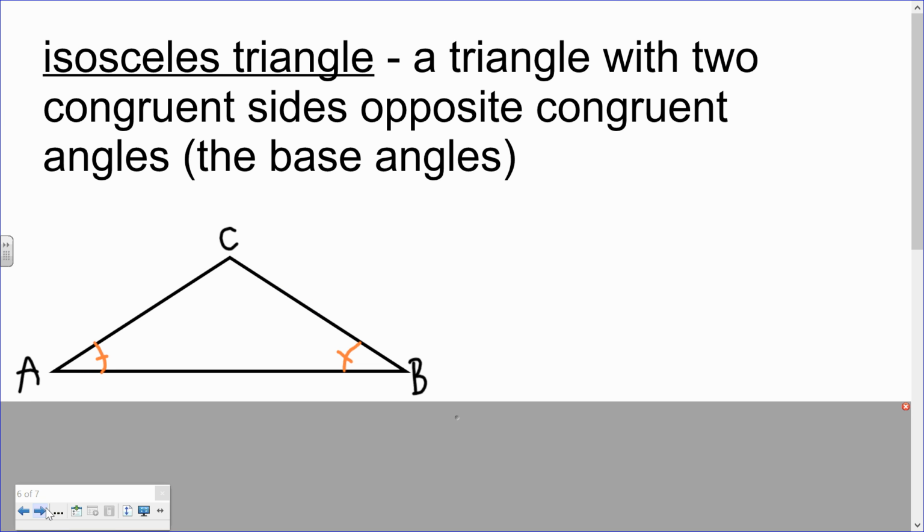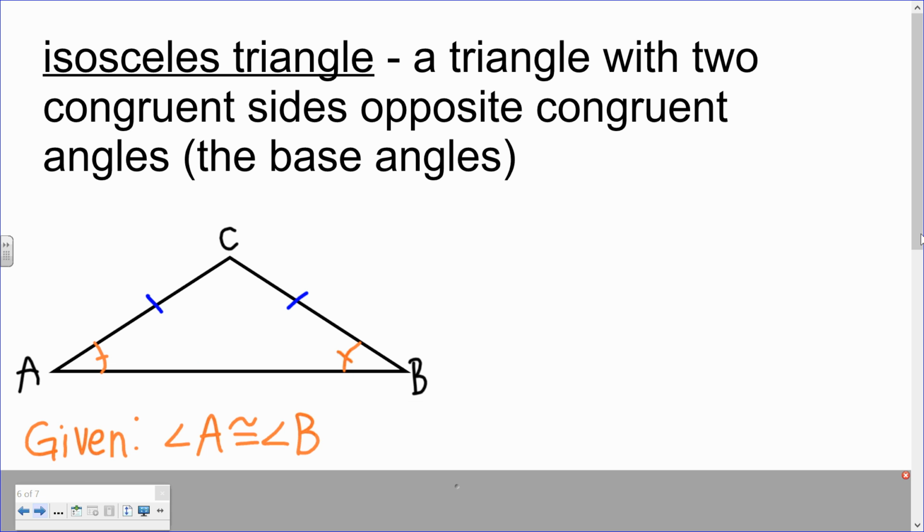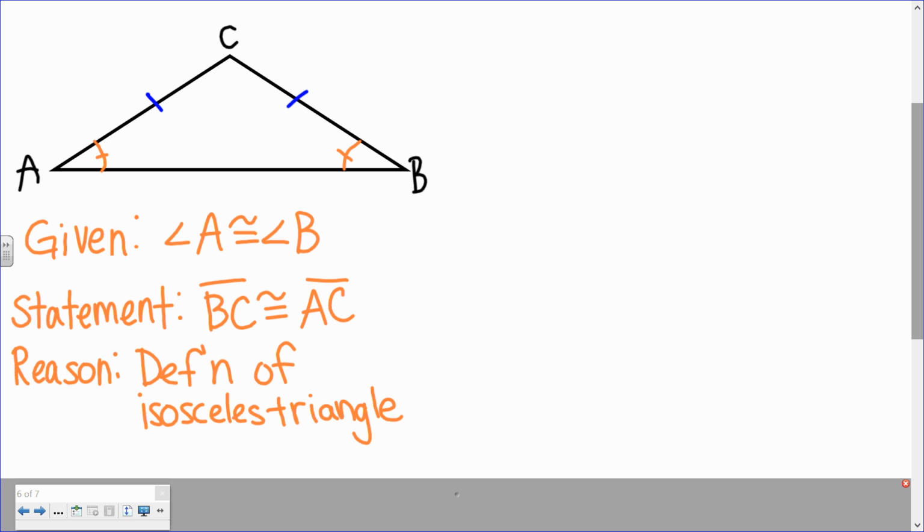If we have one triangle and we know that two angles in that one triangle are congruent, then we're talking about one isosceles triangle, and we can say that the sides opposite those are congruent. Definition of isosceles triangle, and we are just abbreviating that with IT.